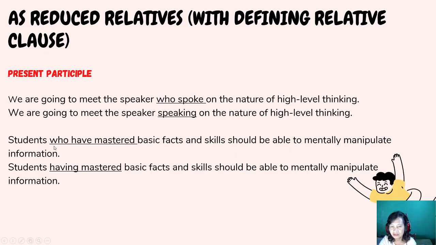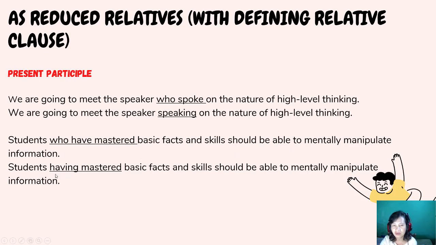The next, students who have mastered basic facts and skills should be able to mentally manipulate information. So students having mastered, because this is in present perfect, you don't change mastered into verb 1 ing, but you have this auxiliary become the present participle.